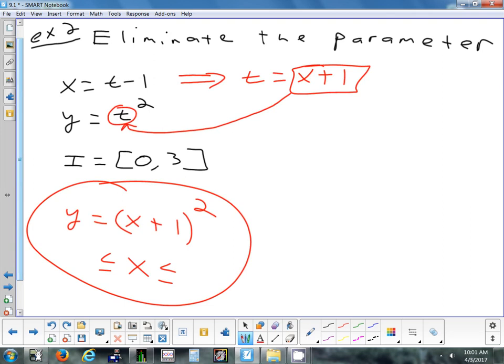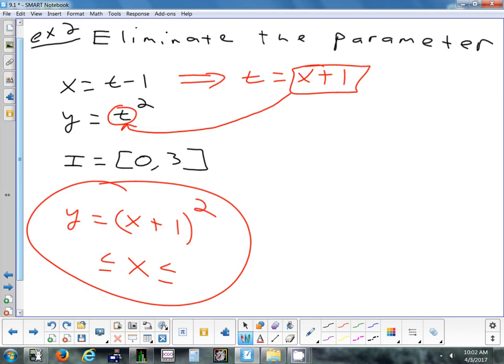Now I just need to figure out the restriction. Tell me what number is going to control where the x's start. What number? 0.